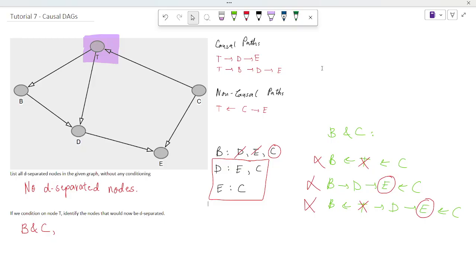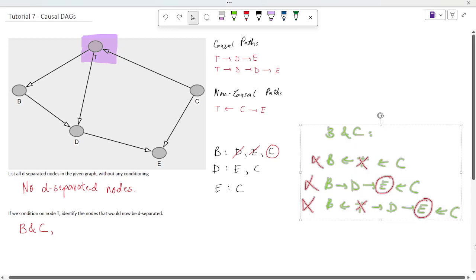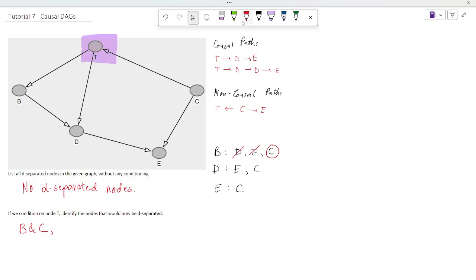All right, I think that should be about enough. So I'm going to get rid of this as well. Can someone tell me whether D and E are D-separated now or not?